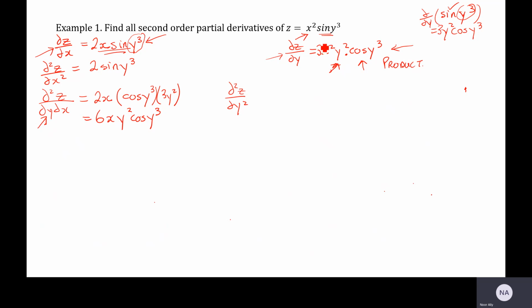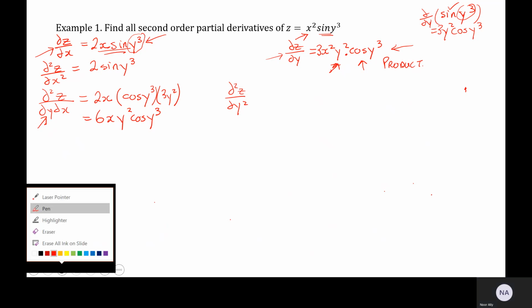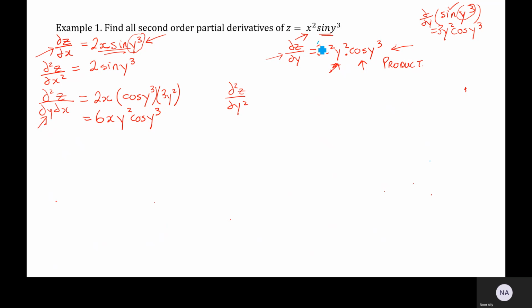And I would suggest bracketing, if I can just change the color, let's just go for a blue, bracket here and there. Now I can differentiate using the product rule. And I'm differentiating with respect to y.